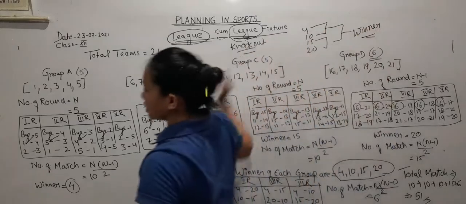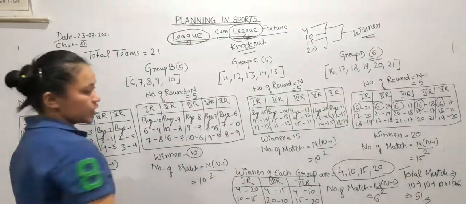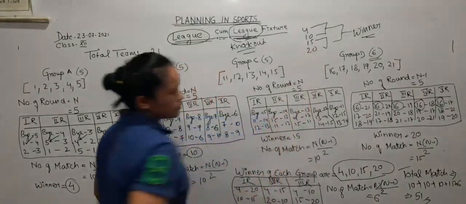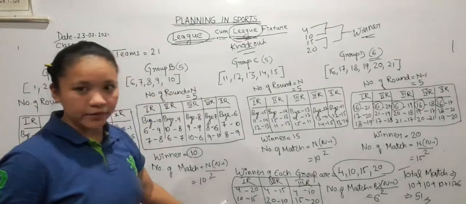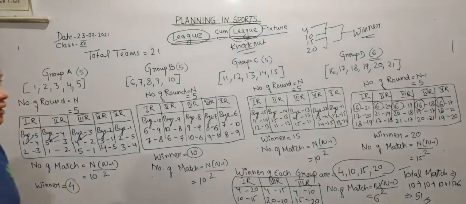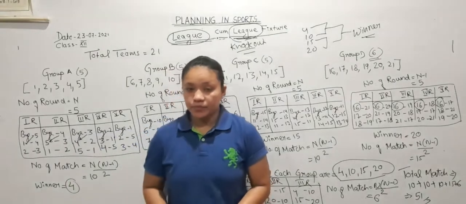If in place of league, it is written knockout, then the winners will compete as per the knockout. Since it is written league, therefore they will compete as per the league. So this is about the combination tournament.